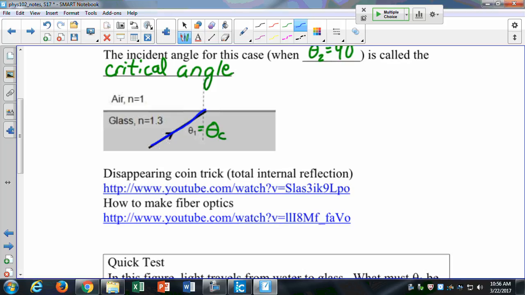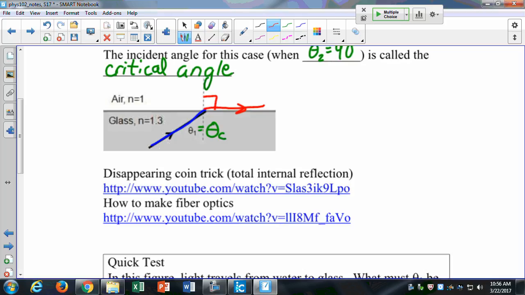So it's like going from muddy field onto asphalt. Travel faster there, so it's going to move towards or away? Away from the normal. And in fact, if your angle, theta 1, is at the critical angle, it will move like that, so that my angle is 90 degrees.